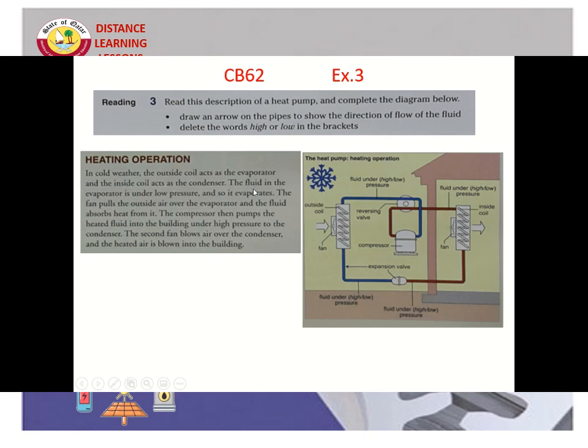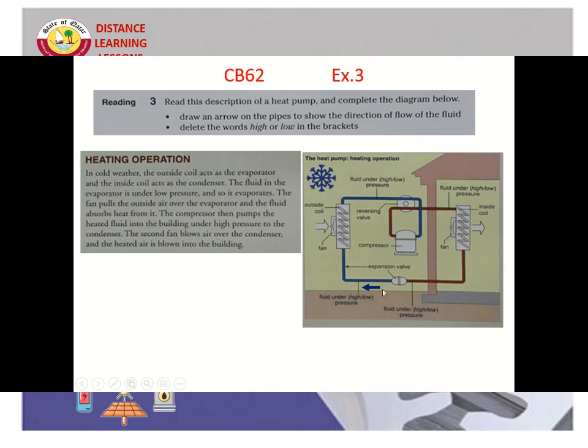So now, the fluid in the evaporator, this is the fluid inside the evaporator, this one in blue. Okay, so basically, which means that our arrow starts here. So the fluid in the evaporator is under low pressure. Low pressure.